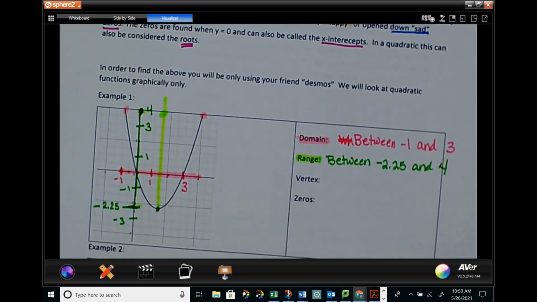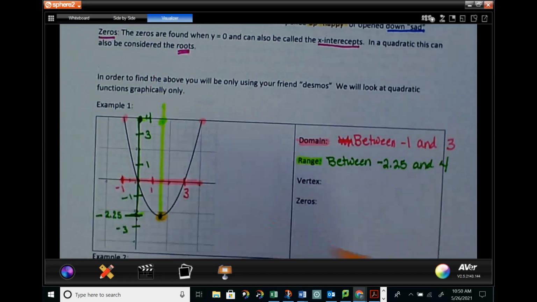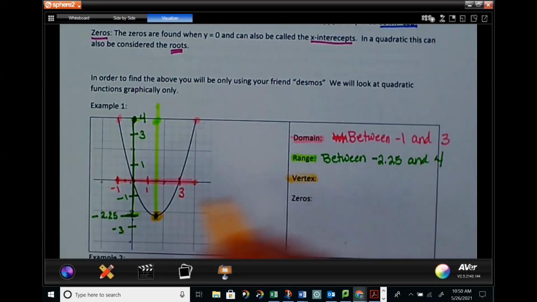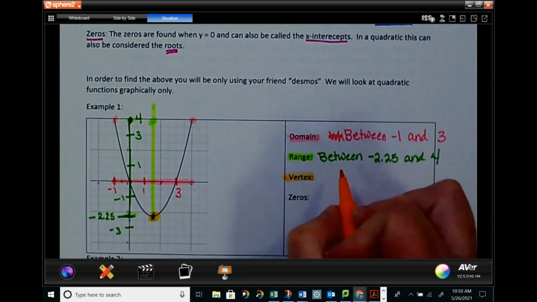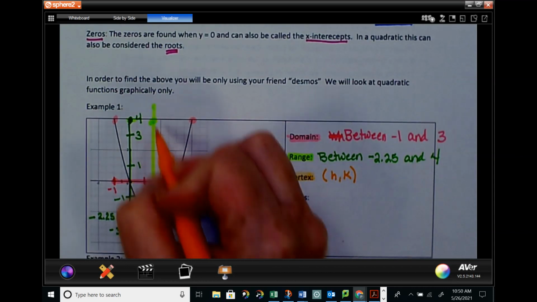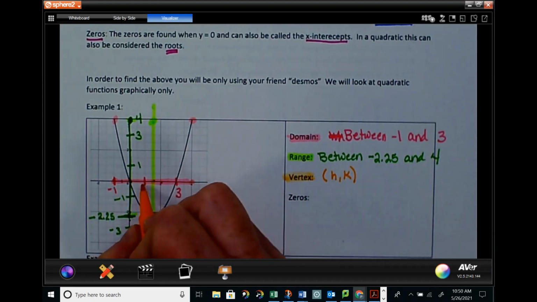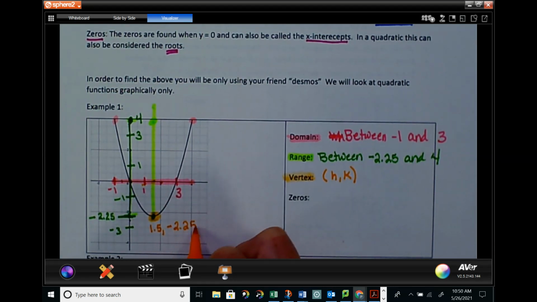And then your vertex point. Your vertex point is this point right here. It's a point, and we always let the vertex be H, K. I don't know why they use those letters H and K, they just do. This value is between 1 and 2, so 1.5, and then I'm going down to -2.25.